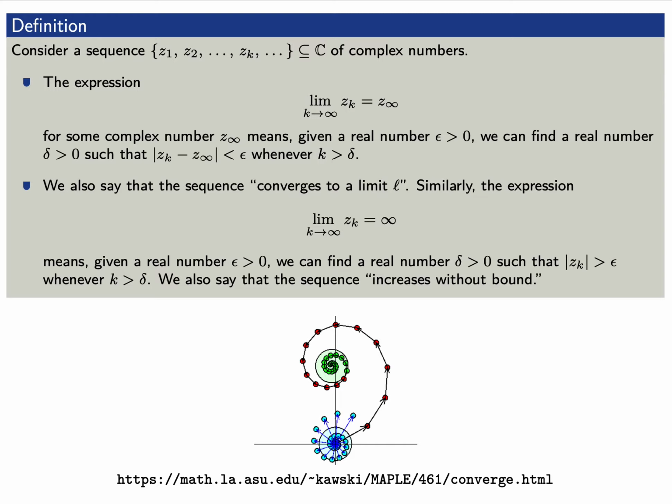The idea here is that we can move far enough out in the sequence, that is, the red dots turn to green dots, such that if k is greater than delta, then everything should sit inside of the disk. That is, in absolute value, z sub k minus z sub infinity should be less than epsilon.